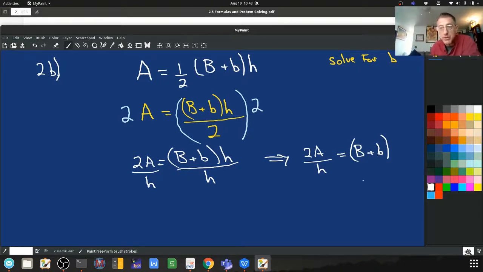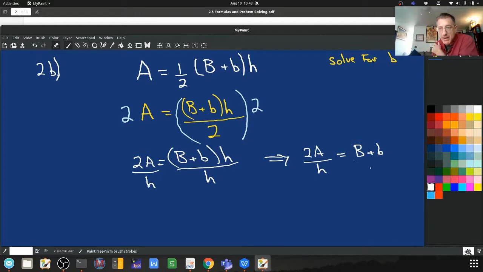That's not true. Literally, you can just get rid of those parentheses. Nothing has changed. So we're going to get rid of those parentheses.